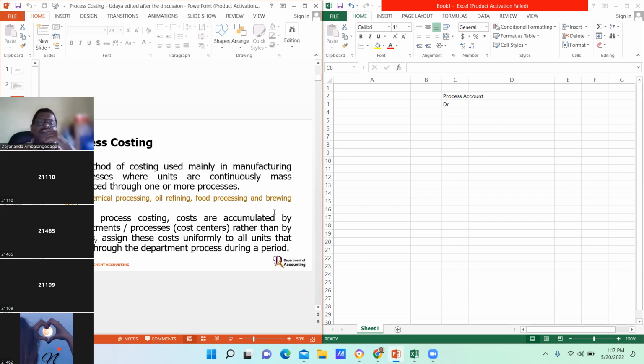Under process costing, costs are accumulated by department or process cost centers rather than by orders, and these costs are assigned uniformly to all units that pass through the department or process during a period. Unlike job costing, when we talk about process costing, we accumulate cost based on departments or processes, meaning cost centers. In job costing, we accumulated cost to job 1, job 2, job 3, unique jobs.